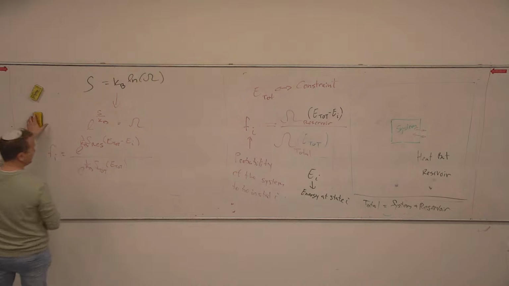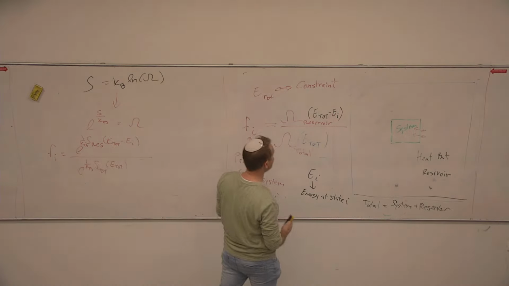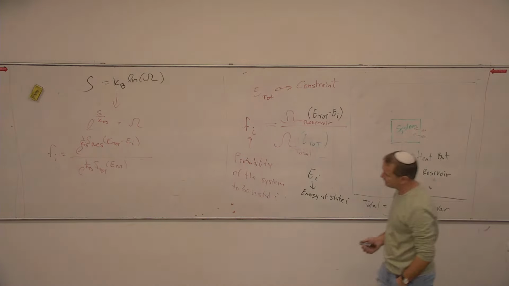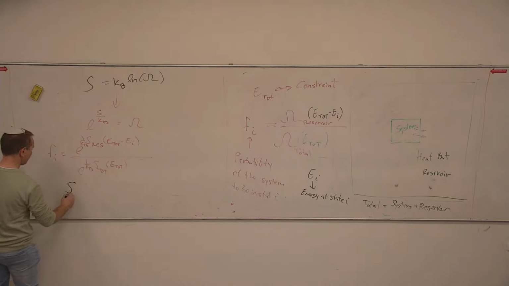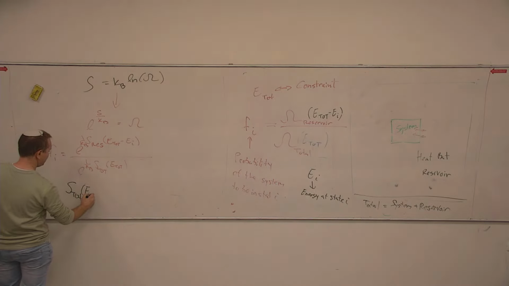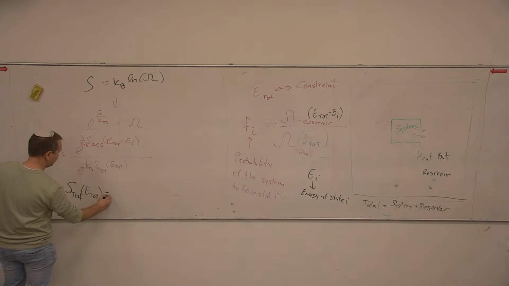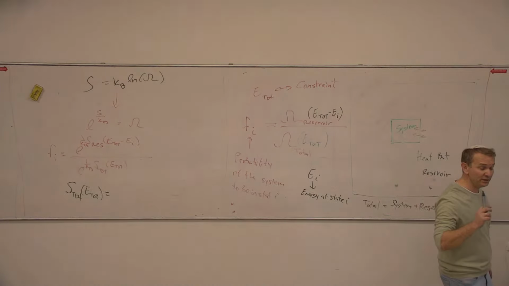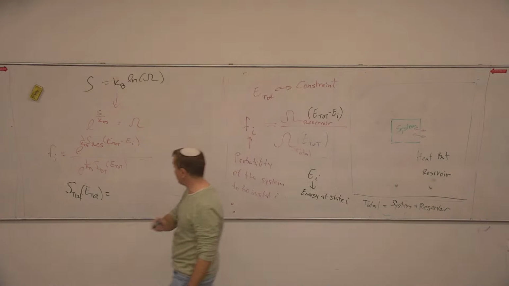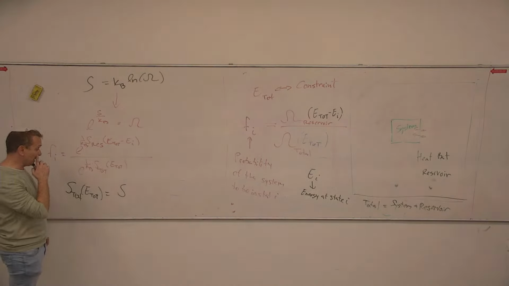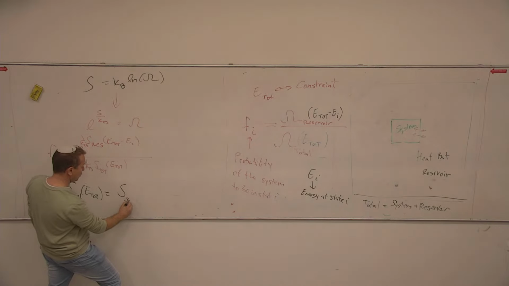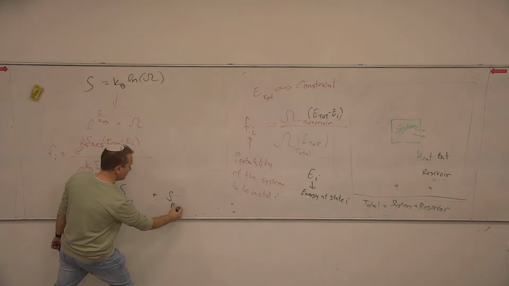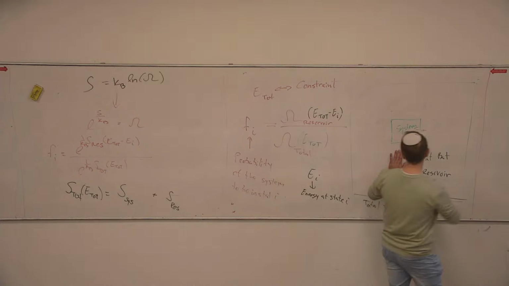Okay, next step. What do we do in our next step? First of all, let's look at S total, with E total. What do we know about the entropy of any system? It has to be extensive, right? So we can write it as the entropy of our system plus the entropy of the reservoir, because we have two parts, the heat bath and the system.